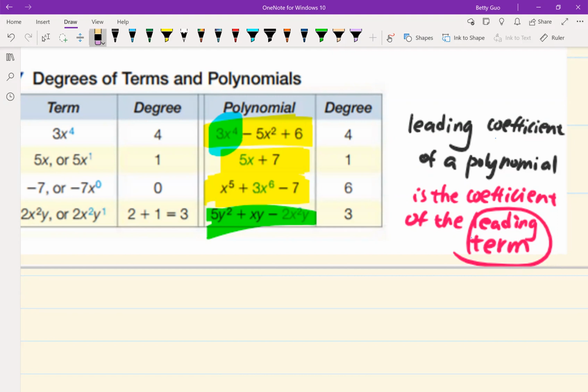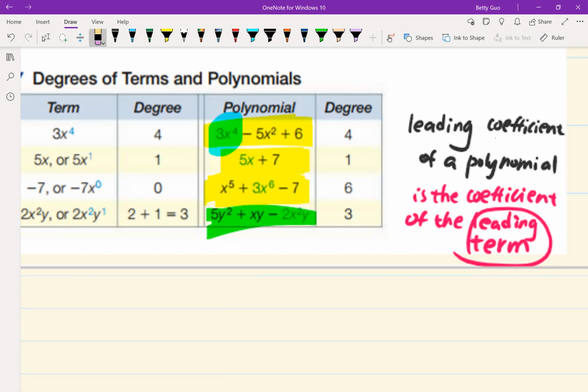What's the degree of this part? Exponent 4, right? What's the degree of this one? 2. What's the degree of this one? 0. A constant is a monomial with degree 0, remember? Which one has the biggest exponent? So this is the leading term, okay?